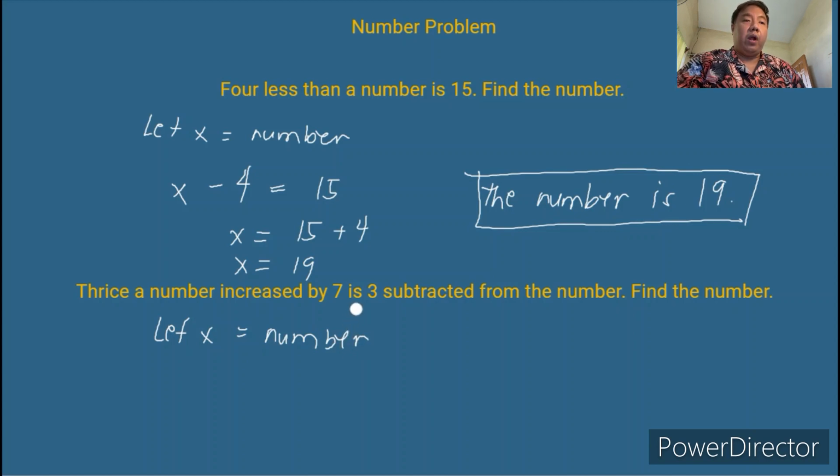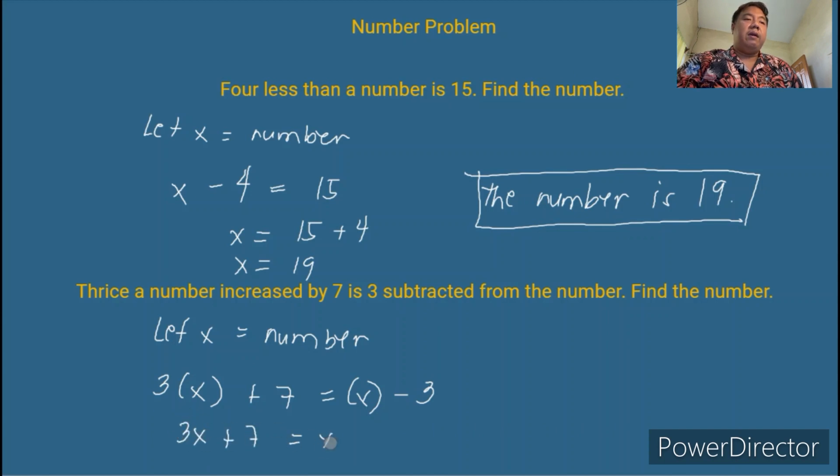Thrice a number increased by 7 is 3 subtracted from the number. So, that's the equation, and we can now solve this one. 3x plus 7 equal to x minus 3.